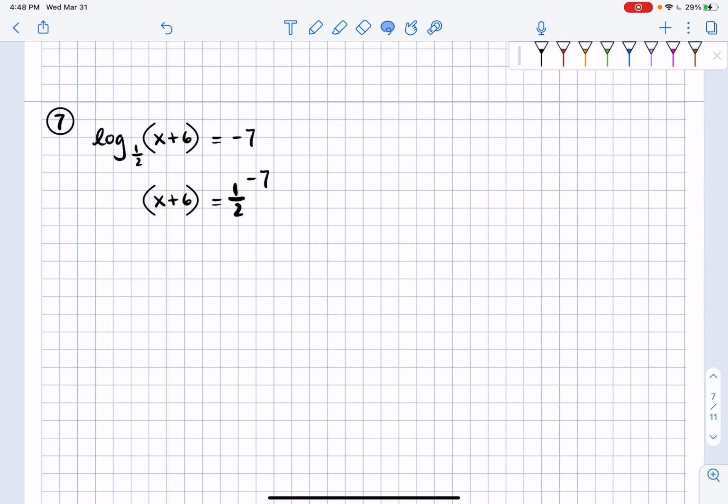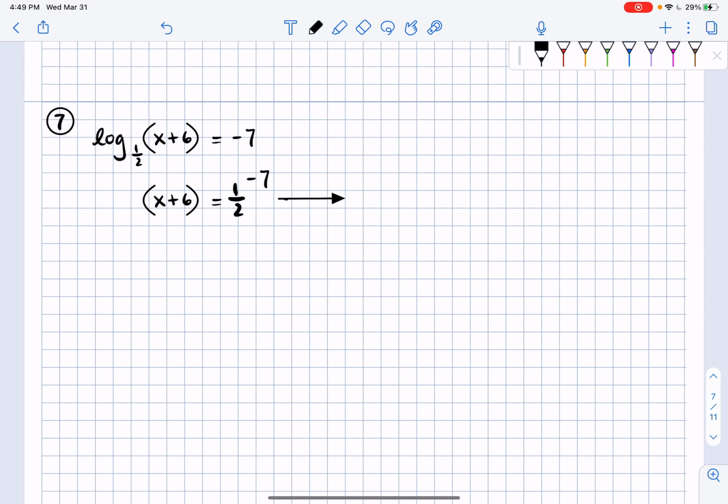I can. So that would be going to exponential form. Okay, so what is 1/2 raised to the -7 power, right? So that's essentially what you want to know.